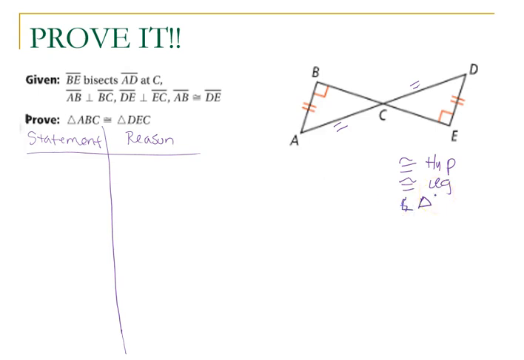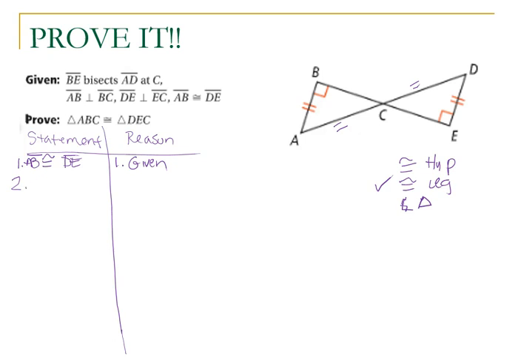Okay, let's do it. Let's start with a given that'll give me the legs real quick. Let's do that AB is congruent to DE. They've already given me this, and the reason is a given. So now I have handled the leg portion of HL. Okay, next, let's get the hypotenuses.